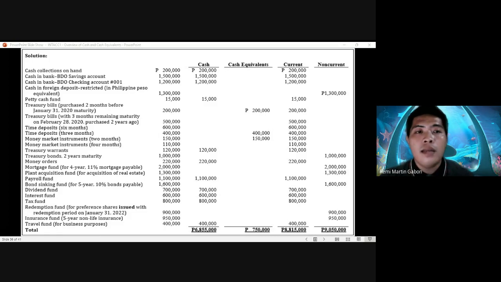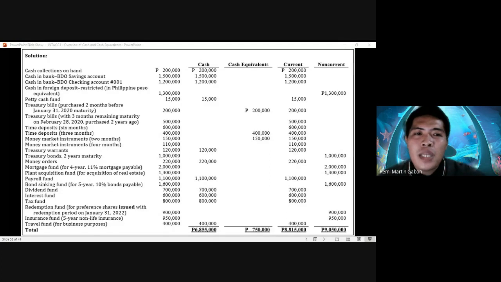Ang sabi dyan, purchased 2 years ago. So pag pinurchase natin siya, mas malayo-layo pa sa maturity date niya, automatic, not part of cash equivalent. Unless, babalikan ulit natin yung concept, unless si treasury bill na yan, in substance, cash equivalent talaga for short-term cash commitment.